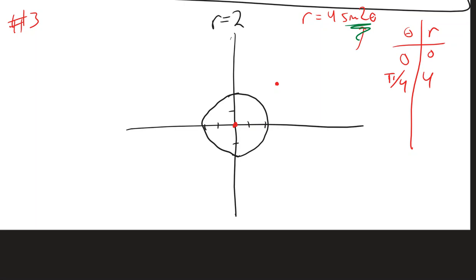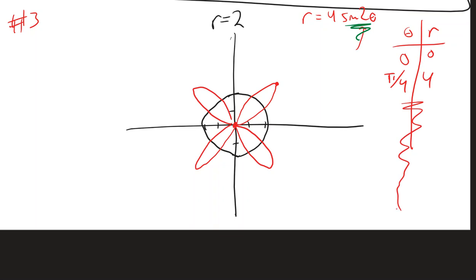And because I know that this has 4 petals, I know it's going to be symmetrical. It just allows me to do less points. There's nothing wrong with doing more points other than it's tedious and time consuming. But more points is always going to make you feel more confident about your graph.